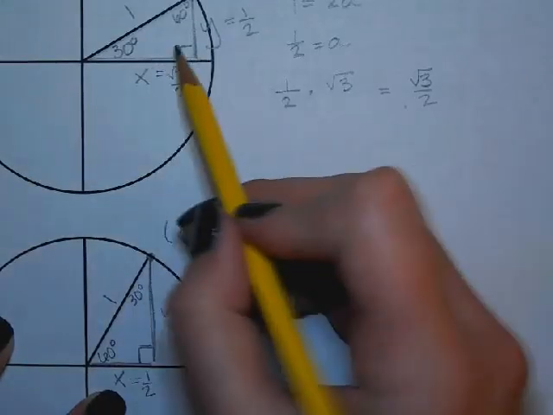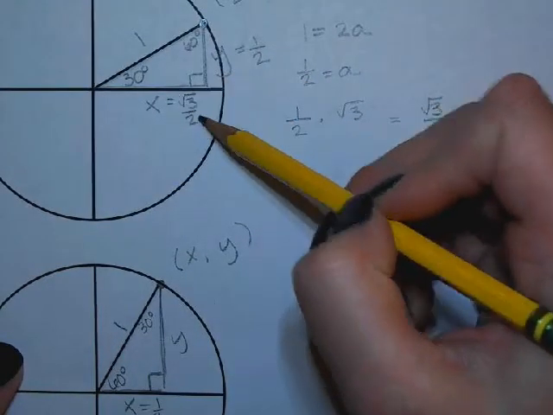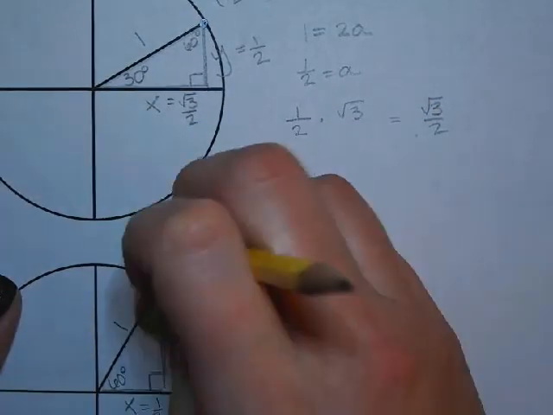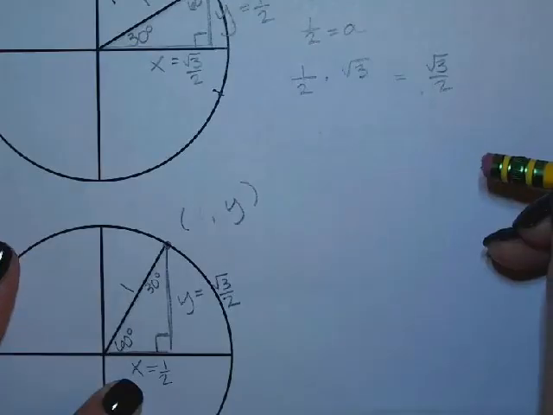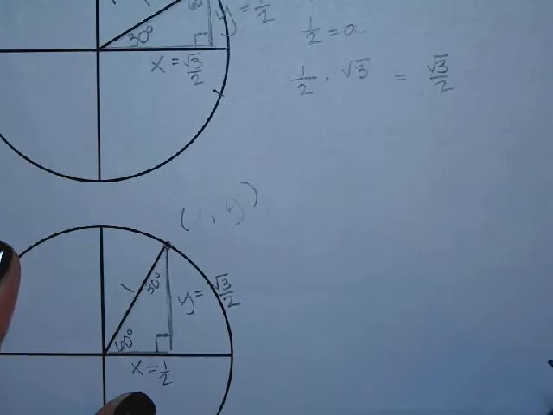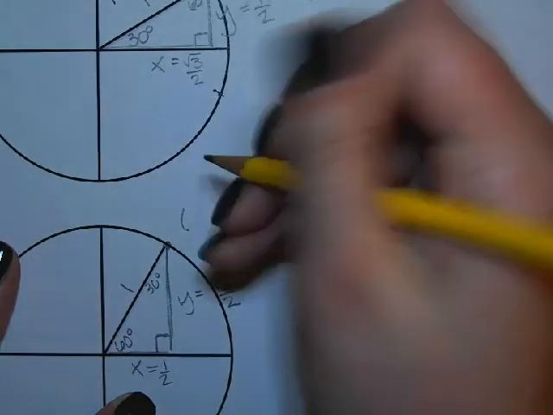And the side that was across from the 60-degree angle was the root 3 over 2. So it's the exact same triangle. It's just been reversed, flipped kind of.